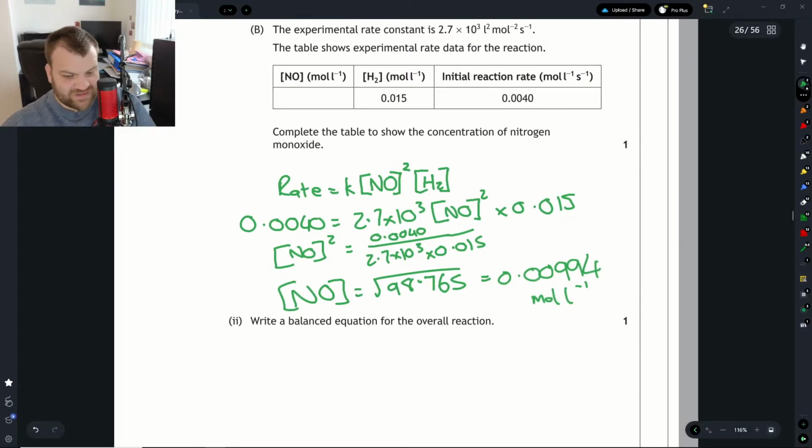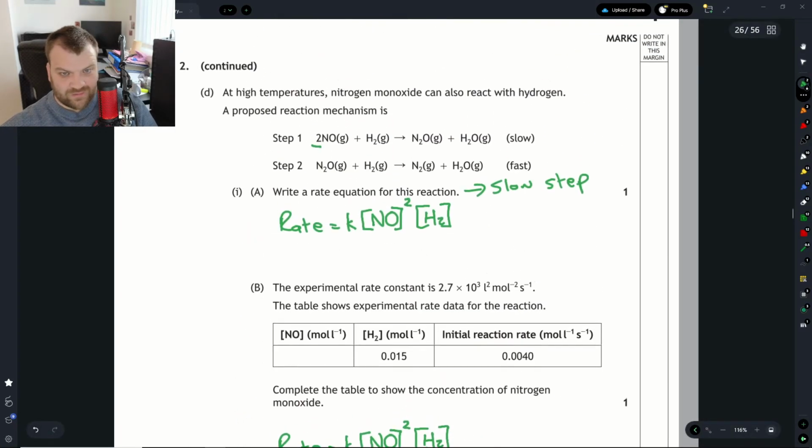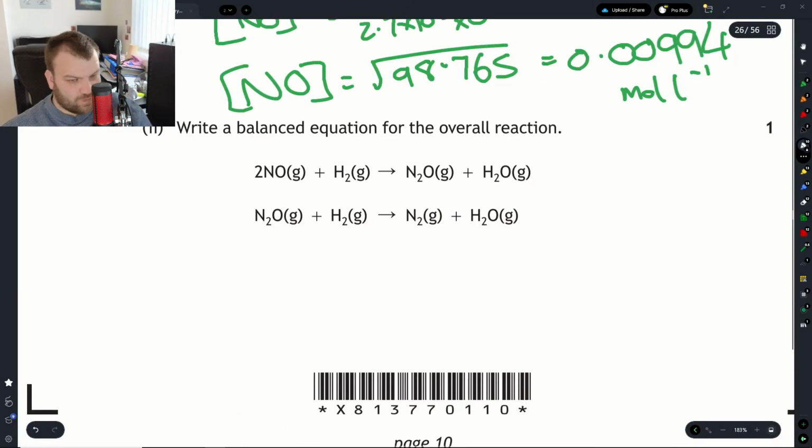Next, we're asked for a balanced equation for the overall reaction. We're looking to see if there's anything that appears on each side that can cancel out, or things that can be combined together. We have N2O gas on both sides, they can cancel out. These two hydrogens will combine together because they're on the same side.